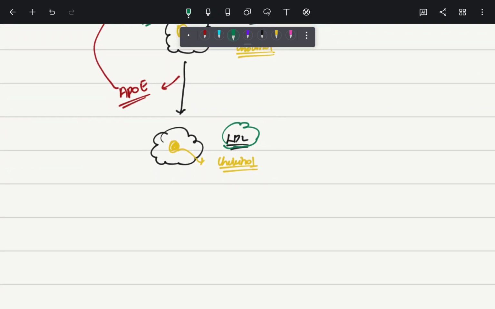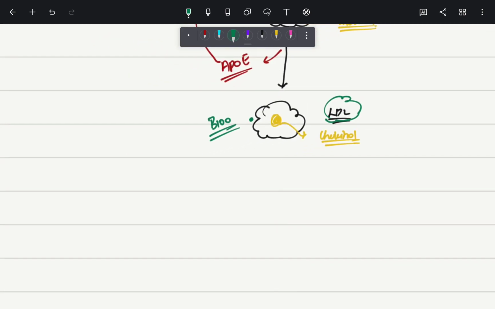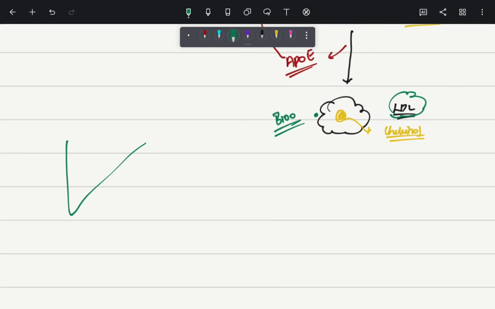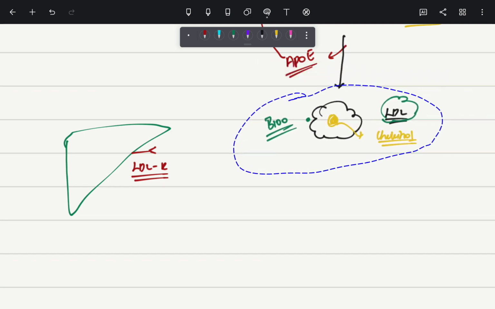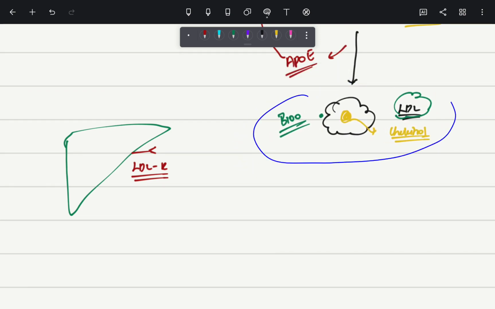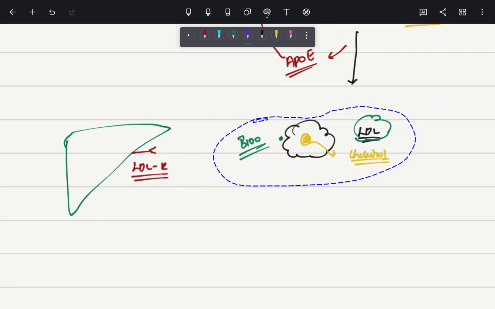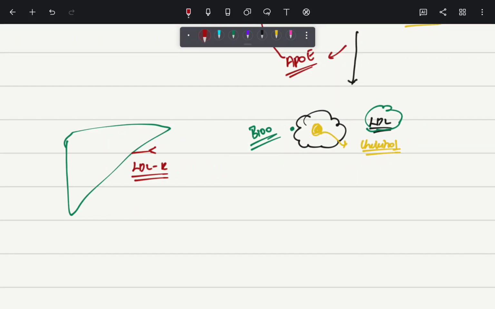So the LDL will have only one apoprotein, which is your apoprotein B100. Eventually the metabolization of the LDL will take place in the liver, and this liver has a receptor called the low density lipoprotein receptor, and this receptor will recognize the B100 apoprotein present on the low density lipoprotein, and once it is recognized, LDL will get metabolized or destroyed in the liver.